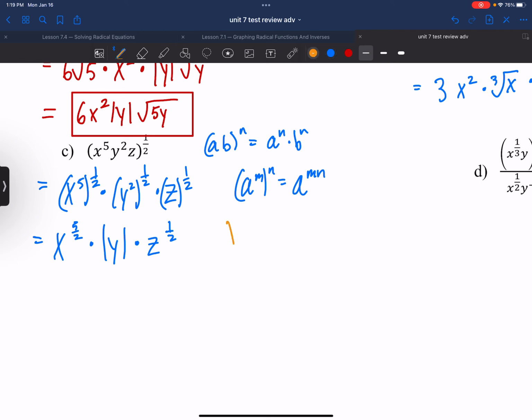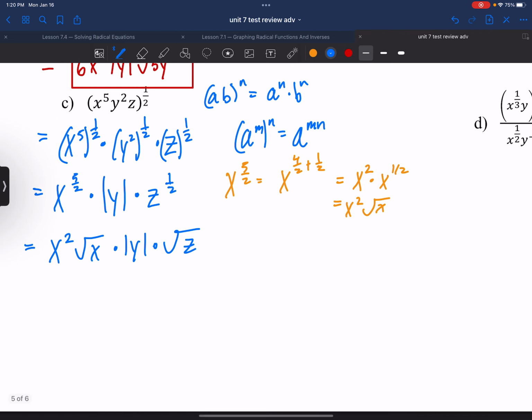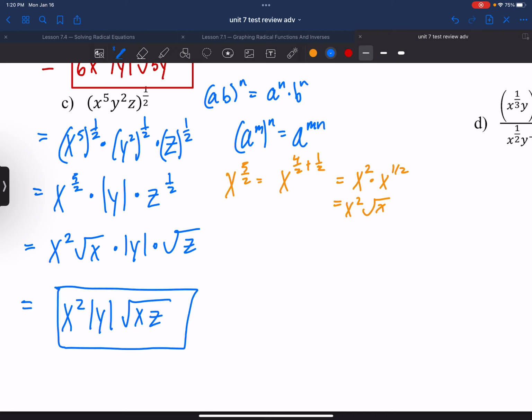Now, again, I'm going to split this x to the 5/2 as x to the 4/2 plus 1/2, which is just x squared times x to the 1/2, which equals x squared root x. So this equals x squared root x times absolute value y times square root of z. And I'll put those under the same square root. So this is x squared absolute value y square root of x times z. And that is fully simplified, like so.